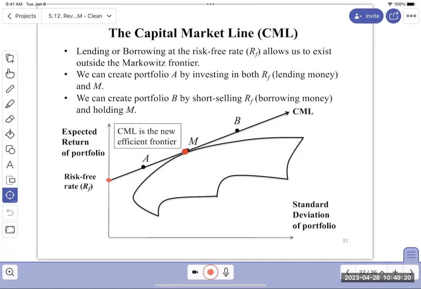So our examples along here are investing in both the T-bill and the market portfolio, and these beyond the market portfolio are risk-free borrowing, because T-bills are risk-free, remember? Risk-free borrowing through short selling the T-bill.